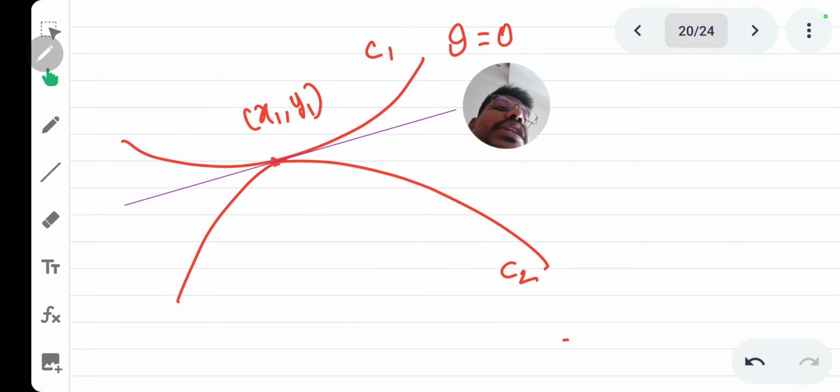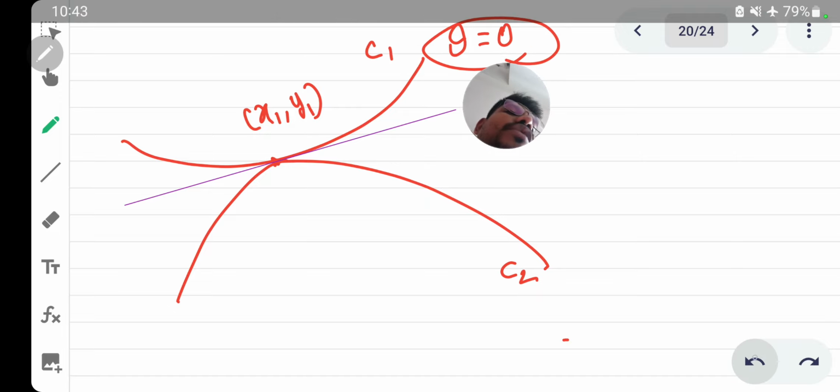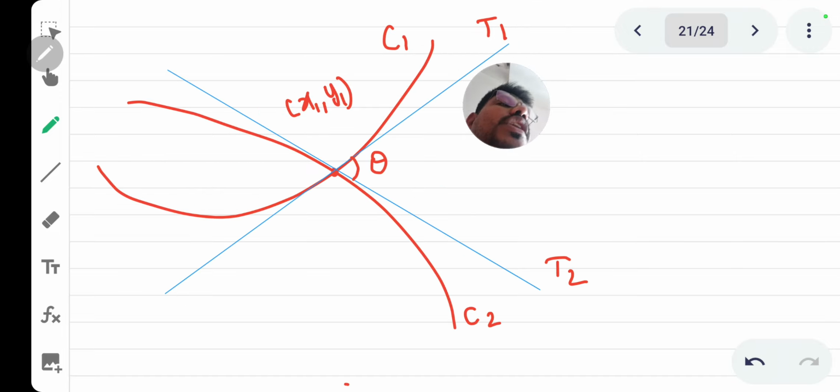Whereas in the earlier case, the curves were touching each other, hence at the point of intersection you can draw only one tangent. One tangent, that is, theta will be 0 because there are no two different tangents. But when the curves are intersecting each other, something like this, you are able to draw two tangents, hence you will be able to get an angle between the two tangents.